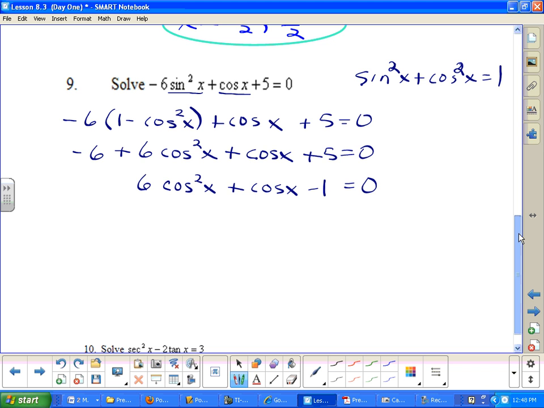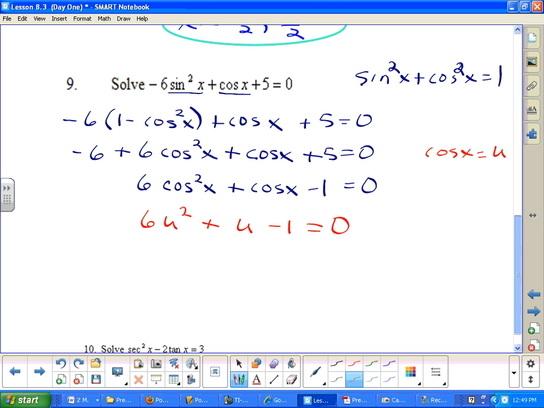Could I put a u there? Would that help you? Okay. So we'll let cosine of x equal u. So that means we've got 6u squared plus u minus 1 equals 0. So what are the factors of 6?